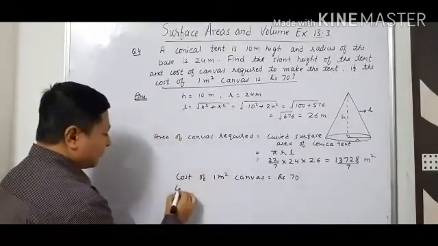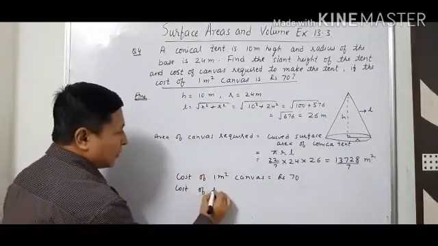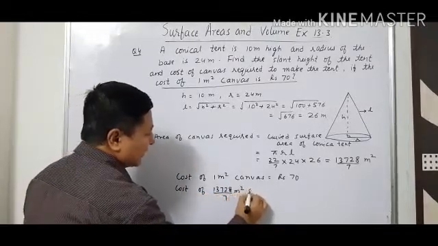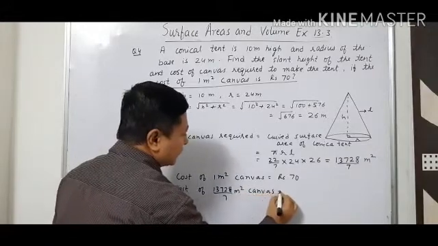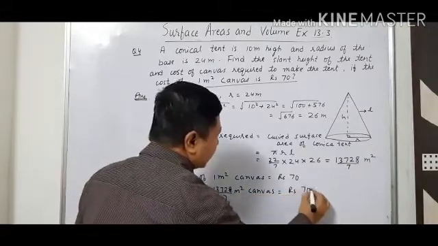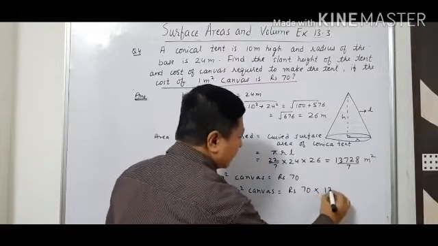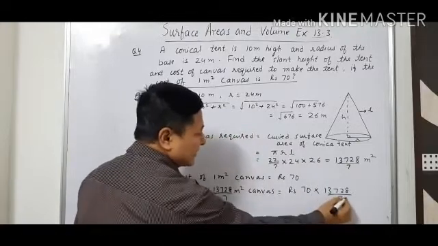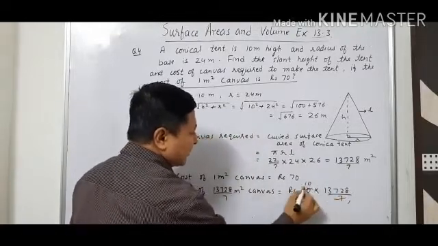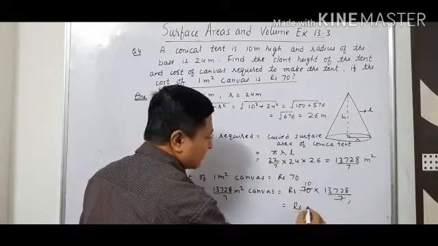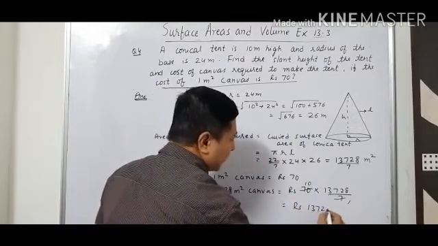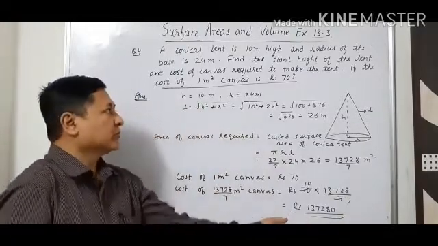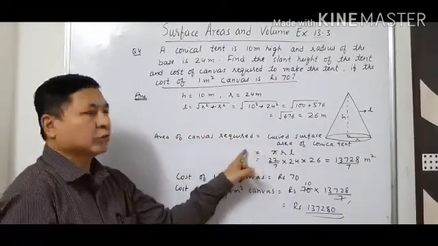So cost of 13,728 upon 7 meter square canvas will be equal to rupees 70 into 13,728 upon 7 meter square. So this 7 will cancel, 7 1 7, 7 10. So the total cost will be this much, 137,280 rupees. So this much rupees will be required to make a conical tent.